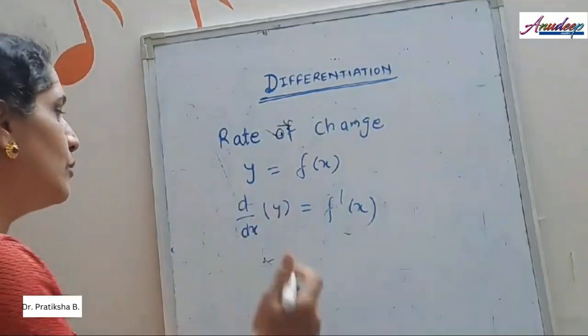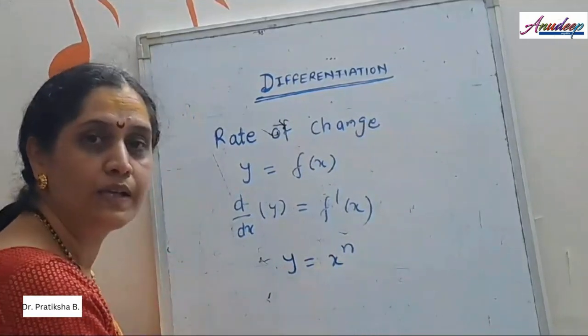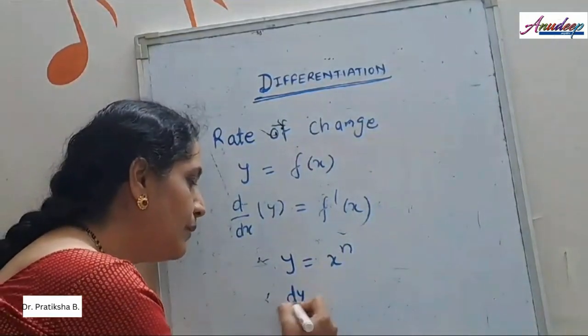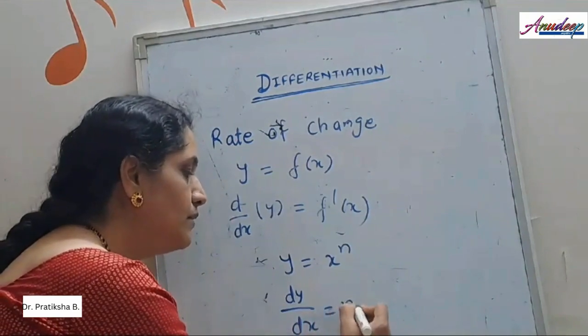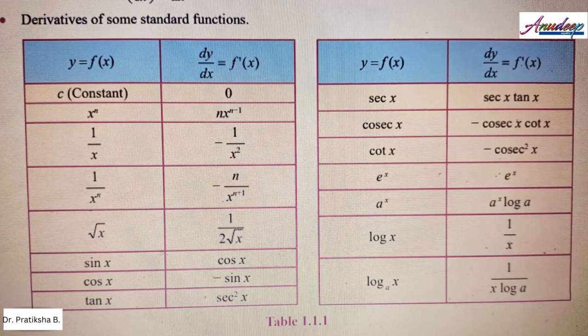The basic formula for the derivative: if you have a function y is equal to x raised to n, dy by dx is equal to n x raised to n minus 1. Here are a few standard formulas for the derivatives. Like x raised to n gives n x raised to n minus 1.